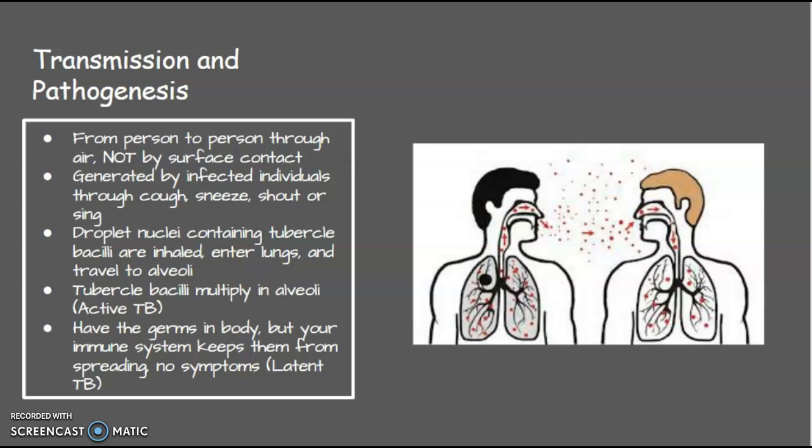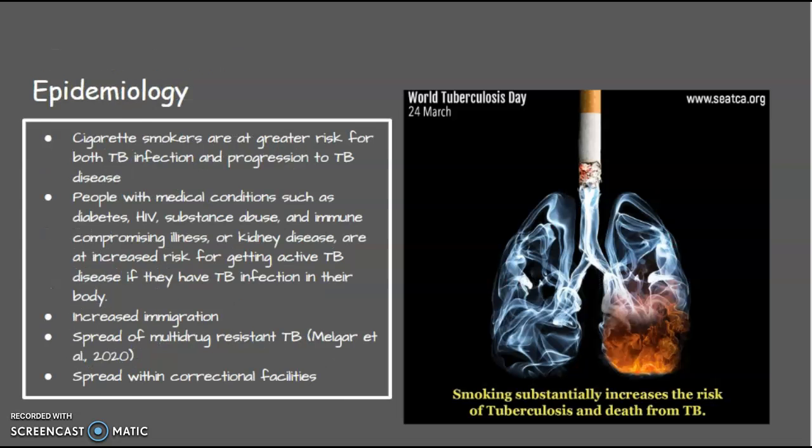Cigarette smokers are at greater risk for both TB infection and progression to TB disease. People with medical conditions such as diabetes, HIV, substance abuse, immune-compromising illness, or kidney disease are at increased risk for getting active TB disease if they have TB infection in their body.